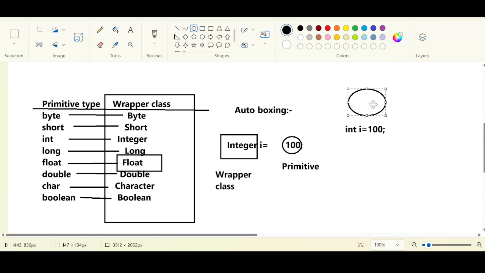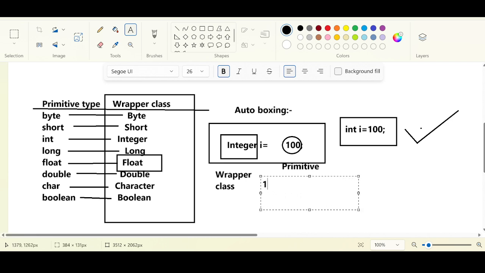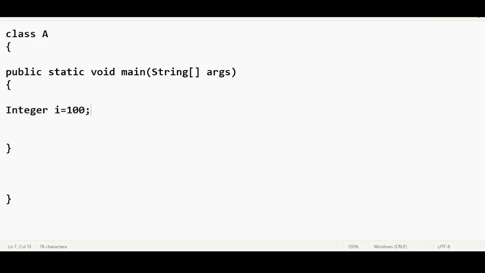This line of code is completely okay. But the other logic is not okay. It is bad logic and will give you some trouble. Why? You are trying to assign a primitive value to the wrapper class type. Till Java 1.4, this is not valid. Till Java 1.4, if you write code like this and try to execute it, let me show that.